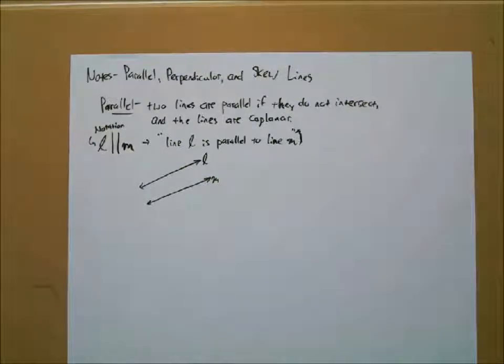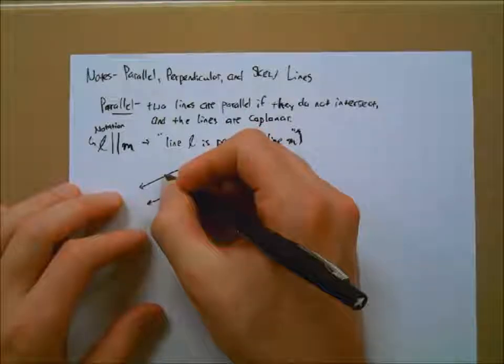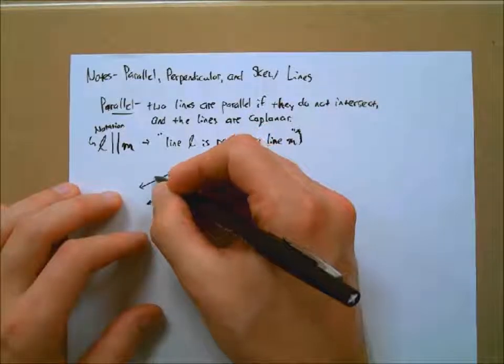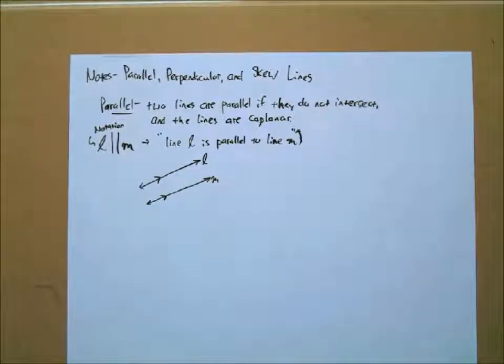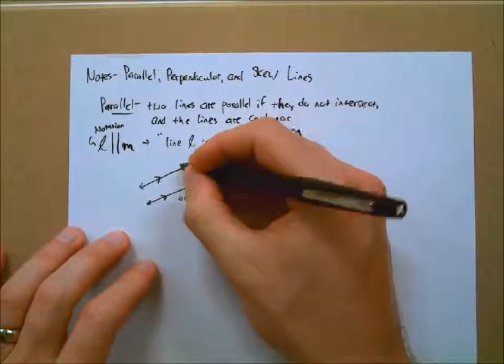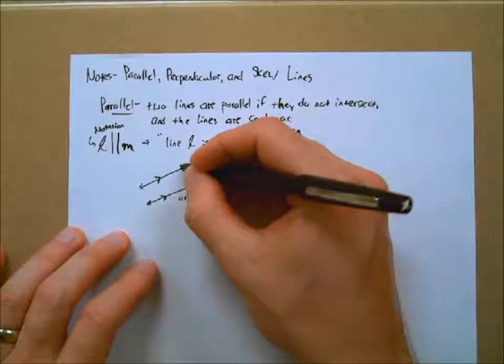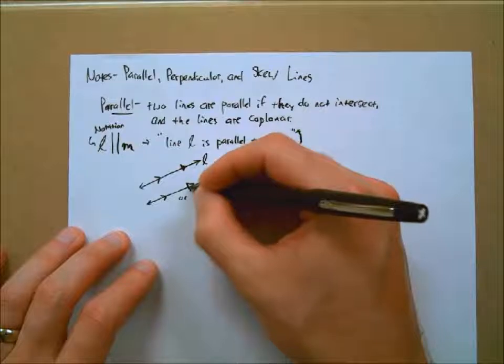But of course, we know that in geometry, we can't always trust our eyes, right? They look parallel, but are they parallel? Well, there's a way to denote it in a diagram too, and it's using arrows. You can either do this, putting little single arrows like that, or you can do something like this too. Sometimes they'll draw a little filled in arrow, like that.